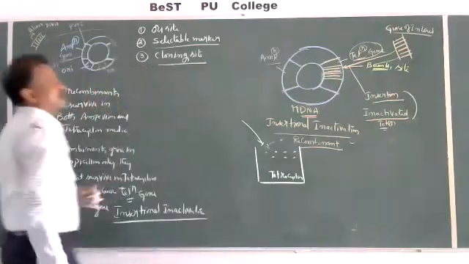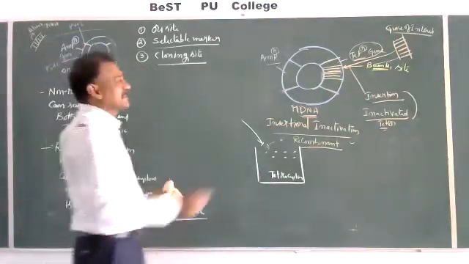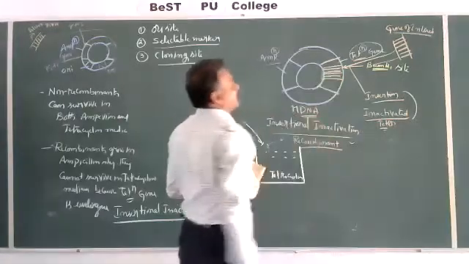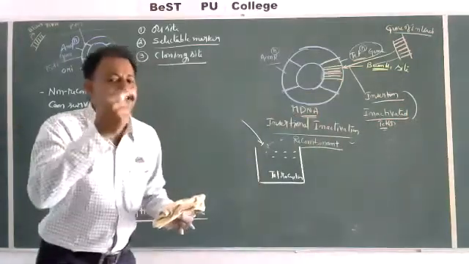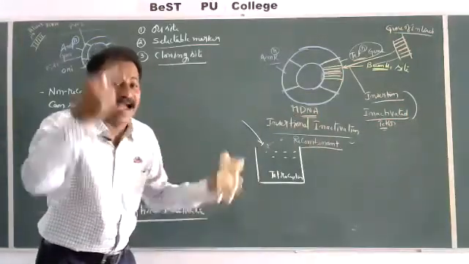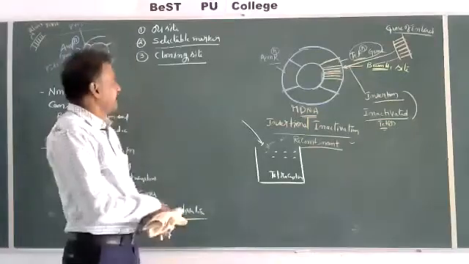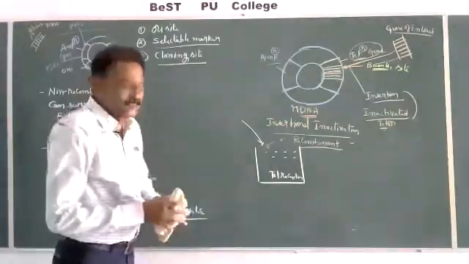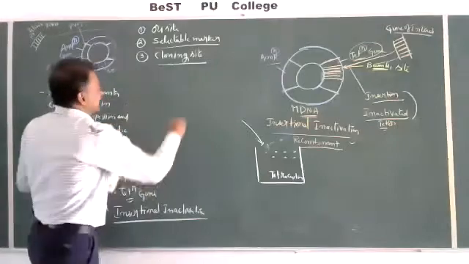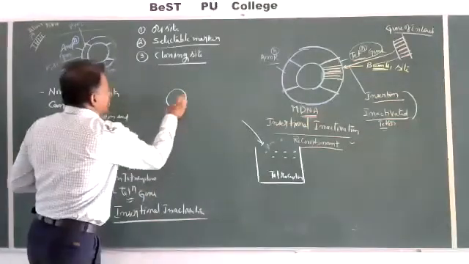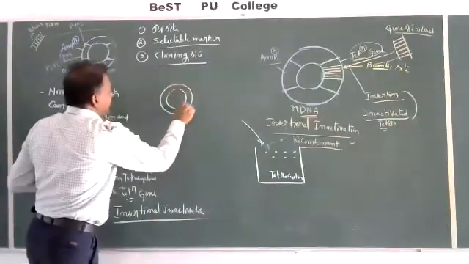What is a cloning site? Cloning site means this area where a particular gene of interest is added and cloned. So a plasmid is round in shape with a double stranded structure.